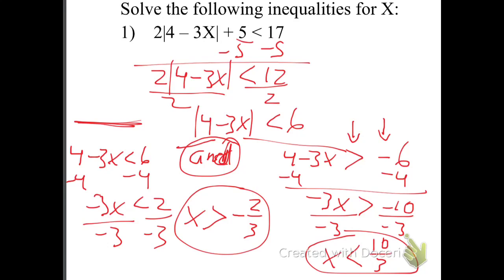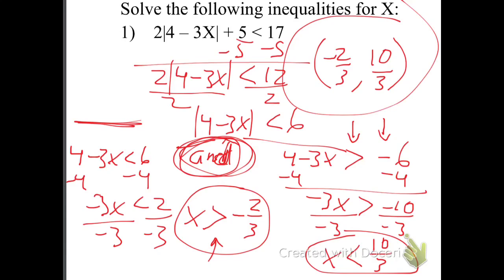And these guys, together with this and statement, give you an interval from negative 2/3 up to 10/3. And since there's no line underneath our inequality, these are going to be circular brackets, and we're done. Ta-da! The interval from negative 2/3 to 10/3 is the solution set for number 1.